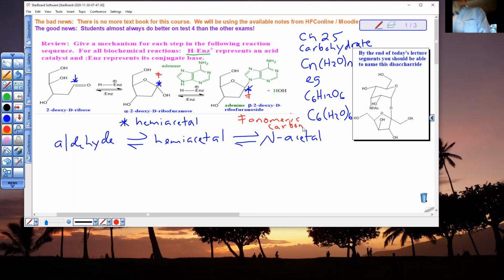It used to be the one with 2 bonds to oxygen that used to be a carbonyl. It still has 2 bonds to oxygen here, alcohol and ether simultaneously. That's what we learned in chapter 16, is called a hemiacetal. And here it's an N-acetal, and the anomeric carbon has a bond to oxygen in an ether and an amine. If it was a diether, we just call it a normal old acetal.